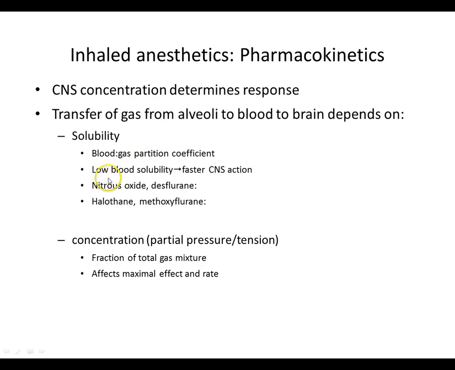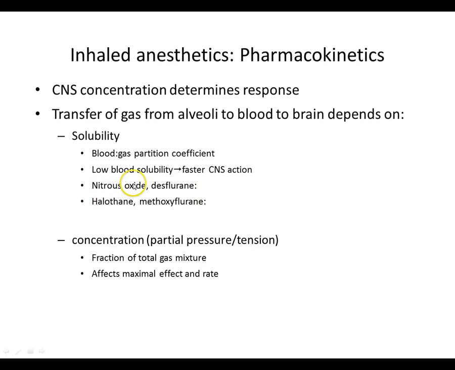And again, somewhat counterintuitively, a low blood solubility will give faster central nervous system action. And so the blood is basically a barrier to the central nervous system, so the more highly soluble the drug is in the blood, the slower it will be.